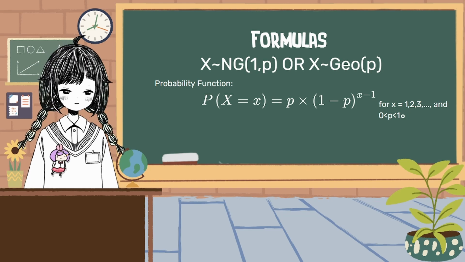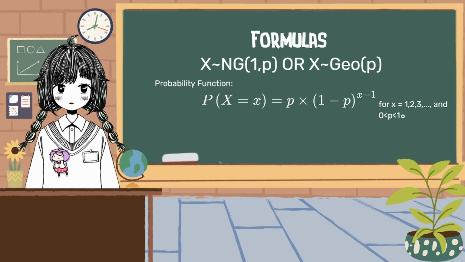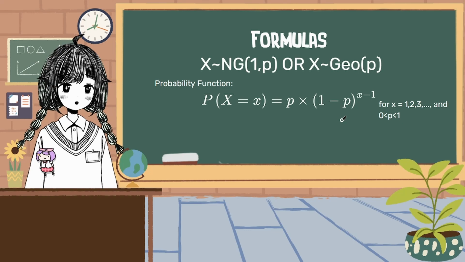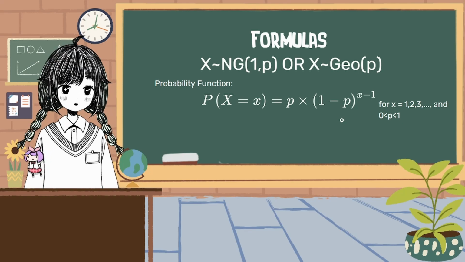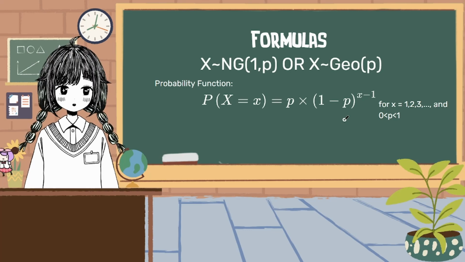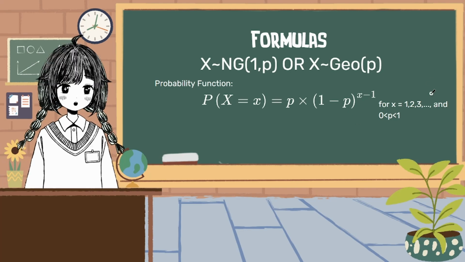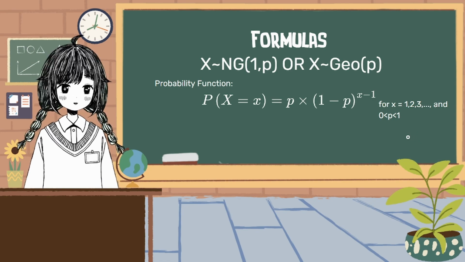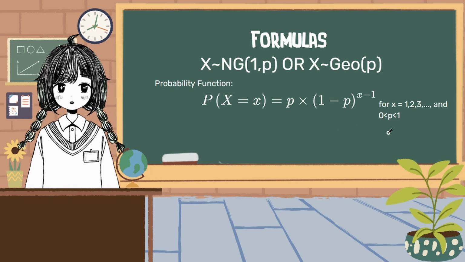Since each failure has probability 1 minus P, we multiply 1 minus P, X minus 1 times. So notice X can be 1, 2, 3 and so on. The minimum is 1 because you could succeed on your very first trial, and P must be between 0 and 1 as with any probability.